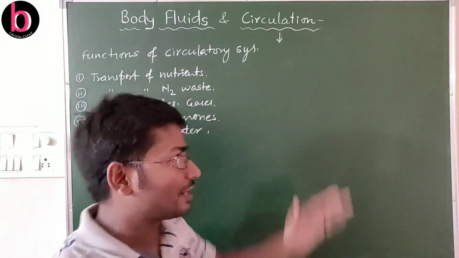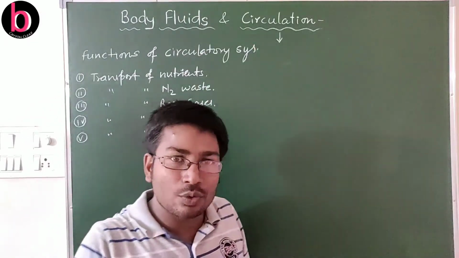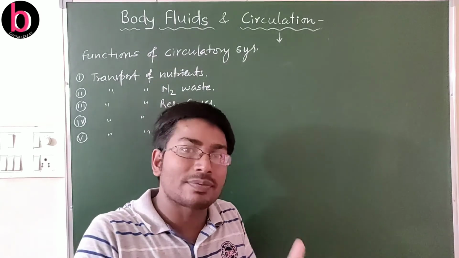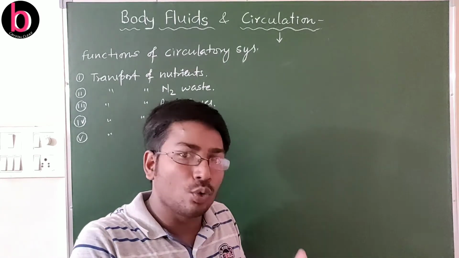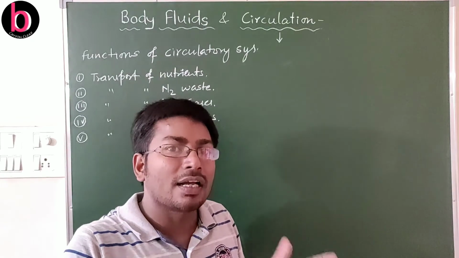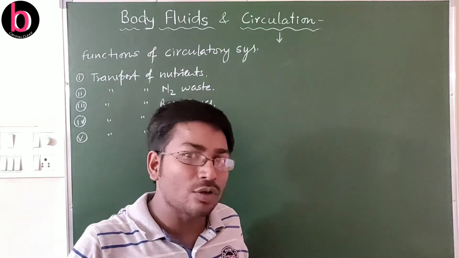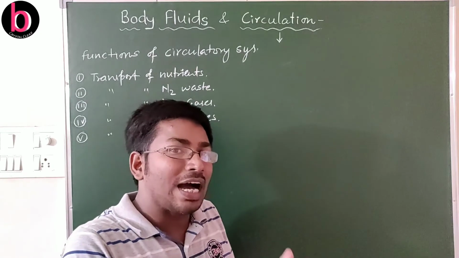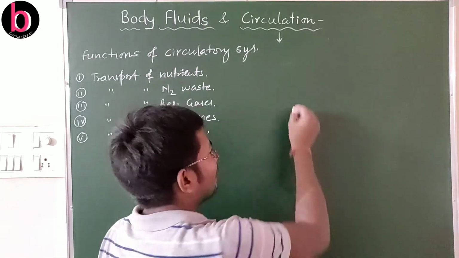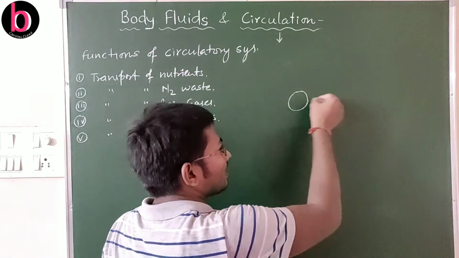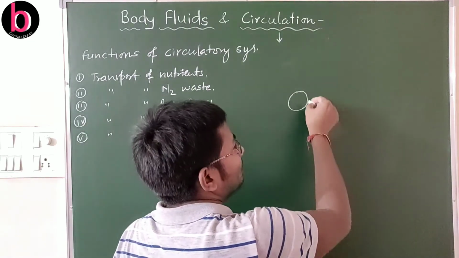Now about circulation. So what is circulation? We earlier discussed. This is about transportation of substances from one side to another side. Here if we discuss transportation, in a unicellular organism this occurs directly. Like a single celled organism, for example amoeba or paramecium, they are always in contact with water.